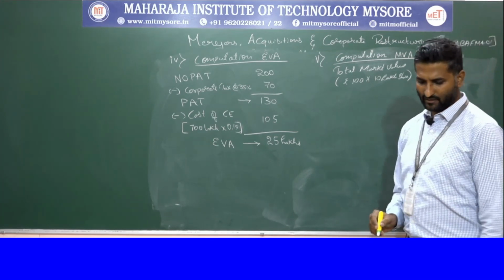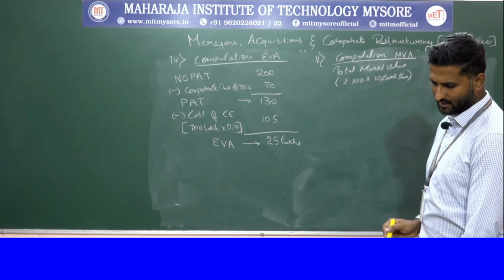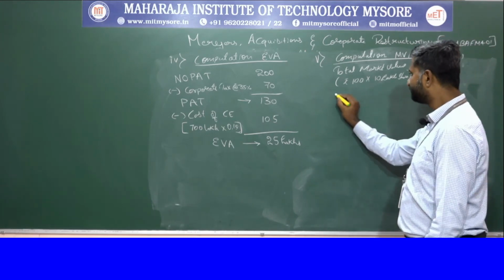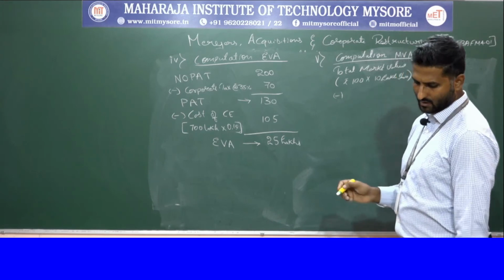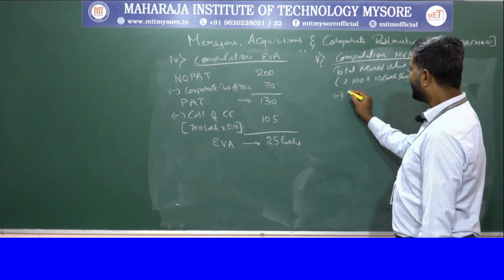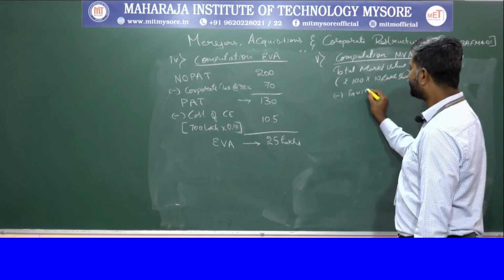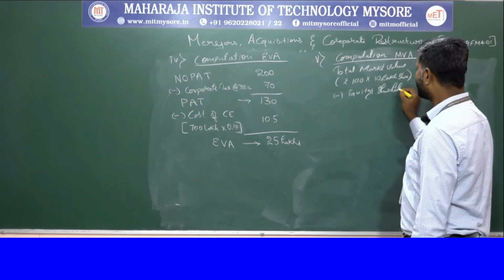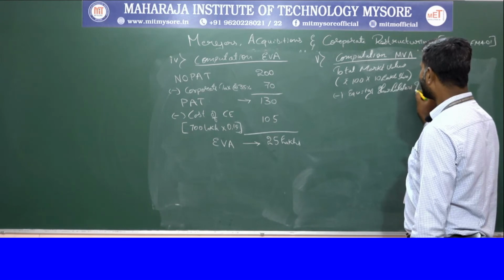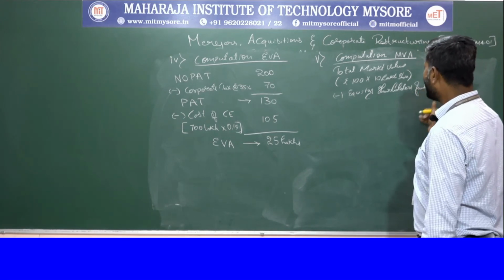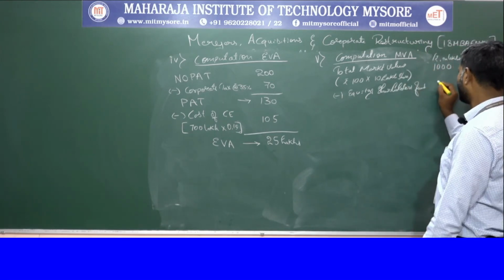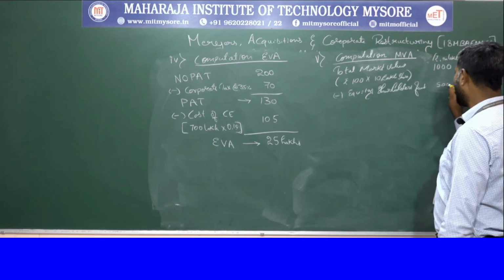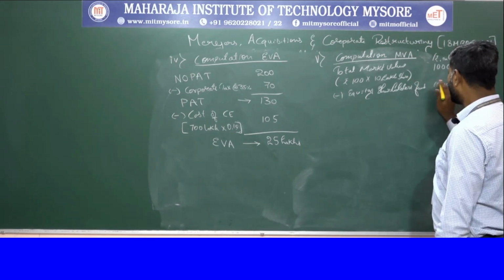So 1000 lakhs. From that we are going to deduct equity shareholders funds. Out of this we have 500 lakhs.